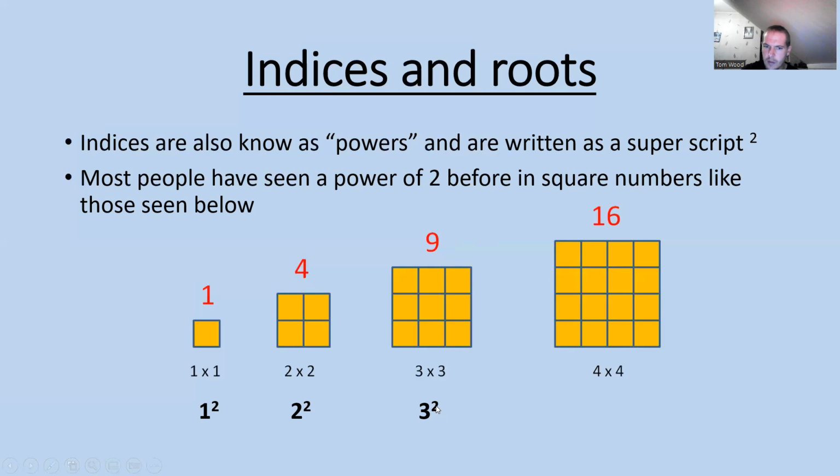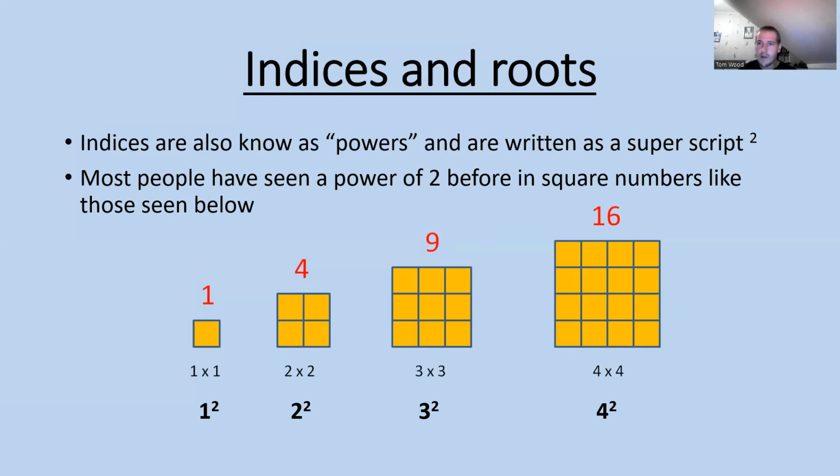Again, the common mistake is that people look at the 2 and think you just multiply by 2. What it means is that you're multiplying the number by itself that many times. So in this case, we're multiplying 3 by itself twice, 3 times 3. And then finally, we've got 4 squared, which is the exact same as 4 times 4, and that is going to be 16.